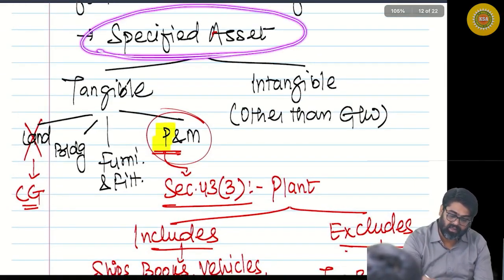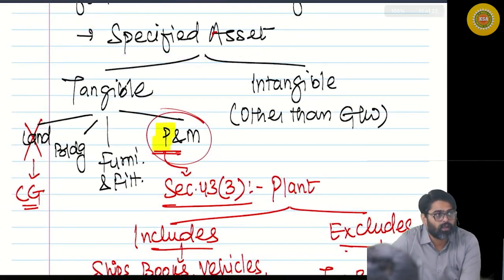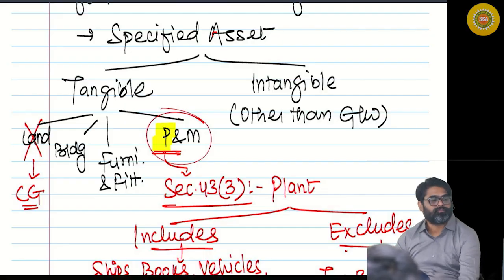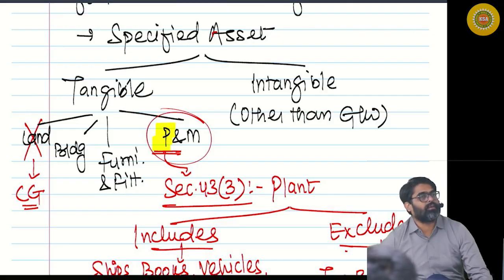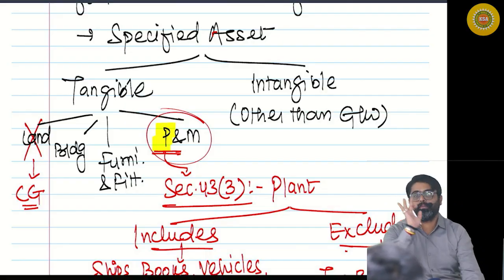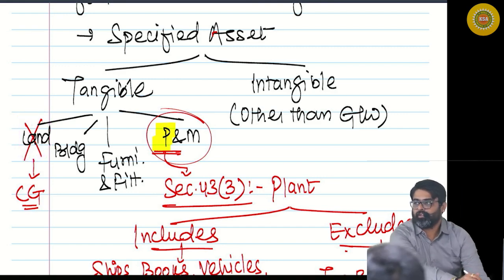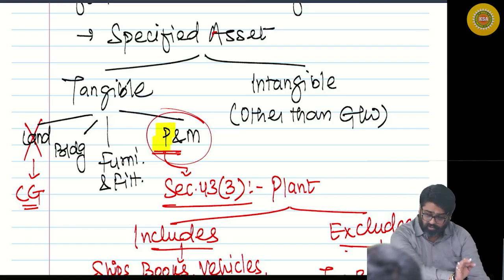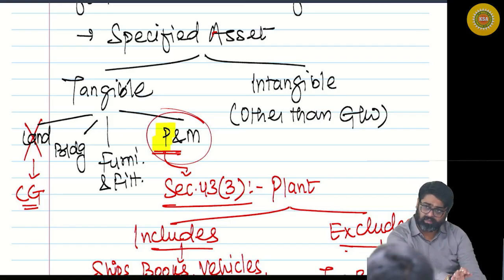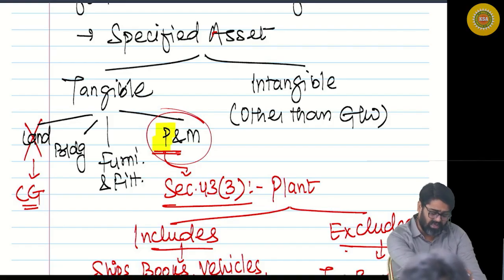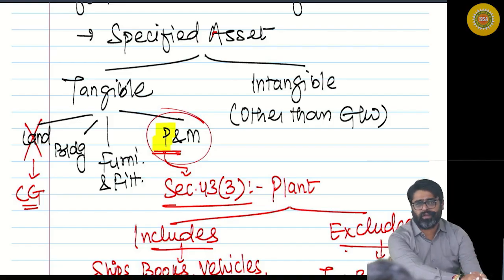Did you understand the meaning of specified asset? Tangible assets. All tangible assets will be treated as specified asset. Tangible assets are further classified into building, furniture and fitting. And if any tangible asset is not a building, not a furniture and fitting, it will be plant and machinery.